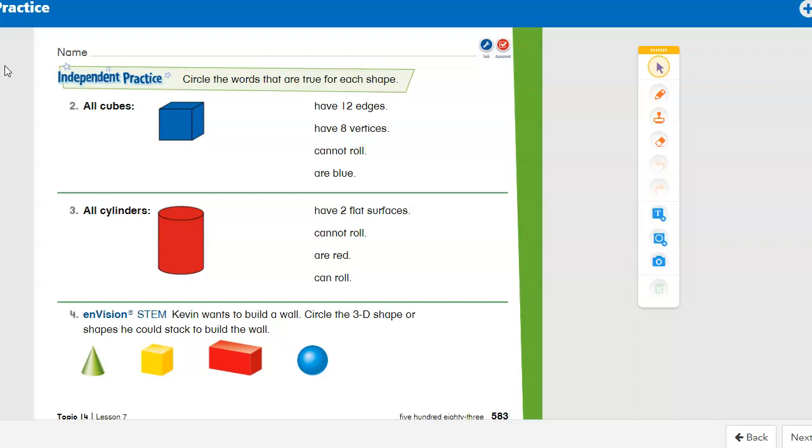It wants you to circle the statements that are true about cubes. It also wants you to do that for number 3. It says all cylinders. So not just this one cylinder on our page, it's talking about all cylinders. So do all cylinders have 2 flat surfaces? If they do, you're going to circle that statement.